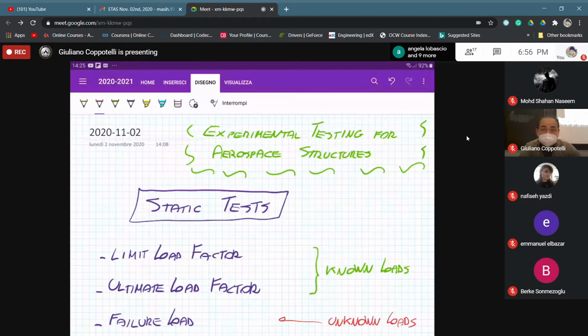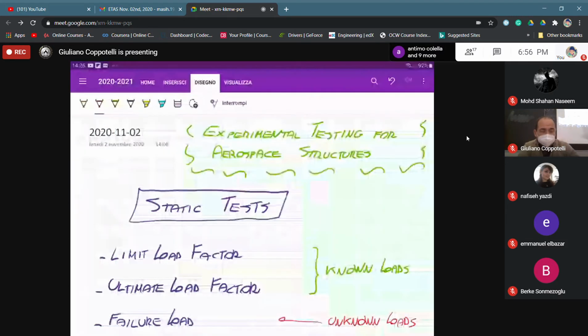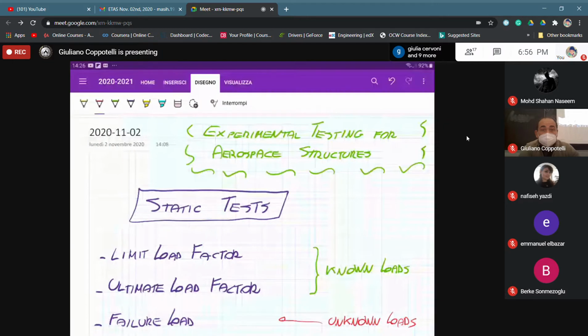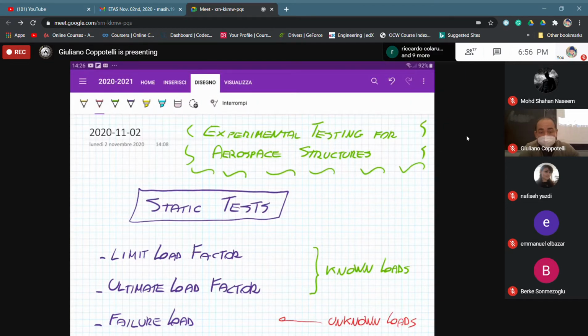We are assessing the material properties because by predicting the right location of those cracks, of those permanent displacements, we are saying that the components are well designed or well analyzed from the numerical point of view, and also the material properties are well represented in your numerical model.